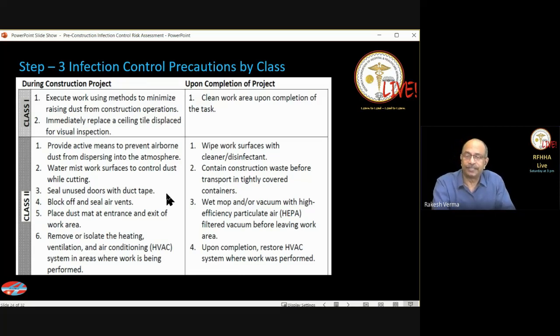There are multiple precautions listed here. Similarly, there are precautions that are required to be implemented after the construction is over. So this is class 2.